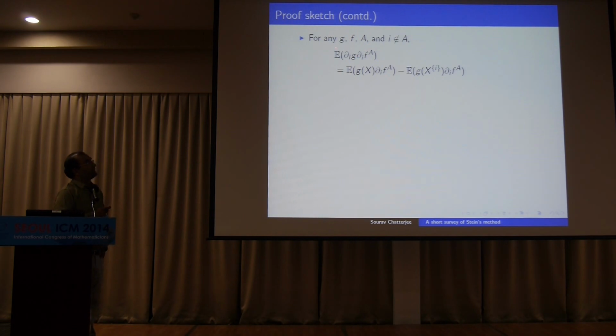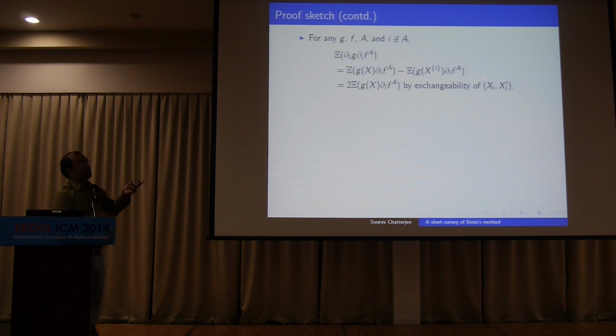So first, for any functions g and f and any set A and any i not in A, note that the expectation of del i g times del i f^A can be first written like this, because del i g is g(x) minus g(x^i). Okay. Now, the crucial step is that if xi and xi prime are interchanged, this expectation will remain the same.